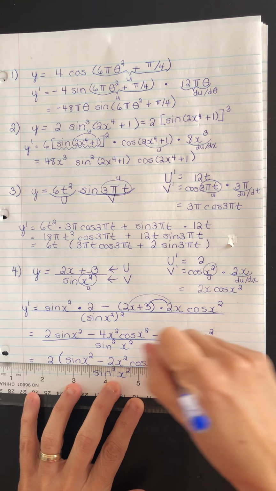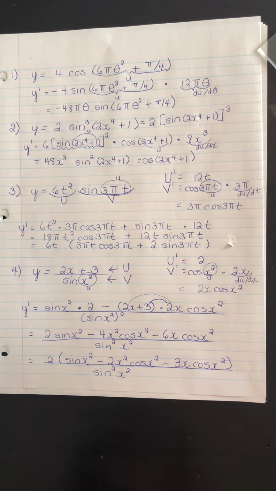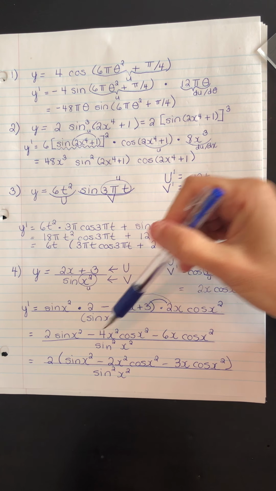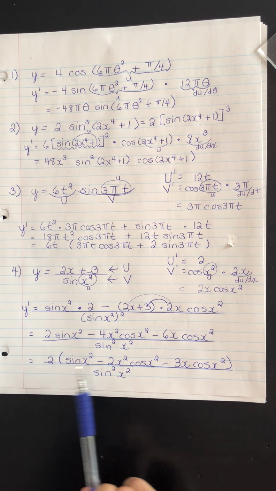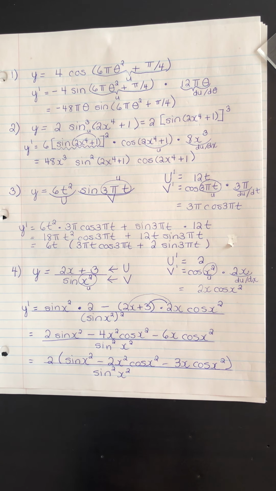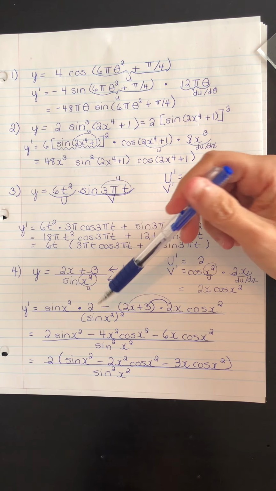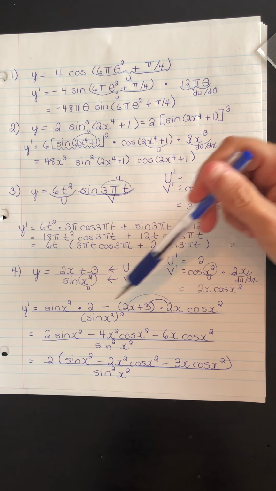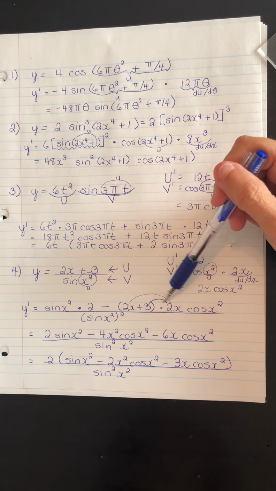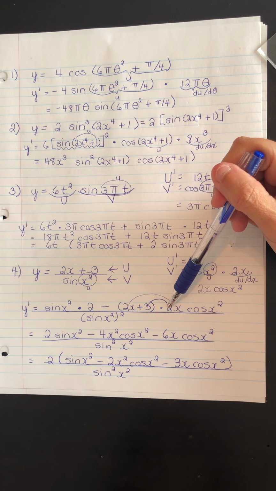So if we divide all 3 of these coefficients by 2, then their coefficients are 1, -2, and -3 respectively. So I hope you understand the negative here gets distributed to both this term and this term.